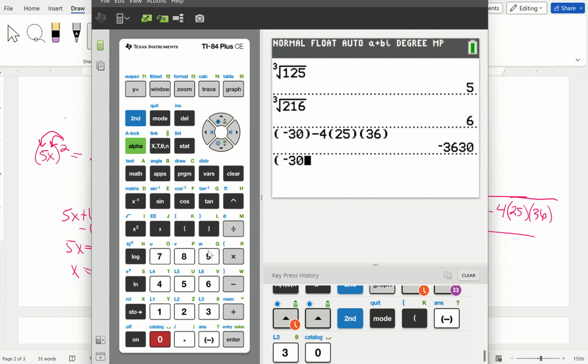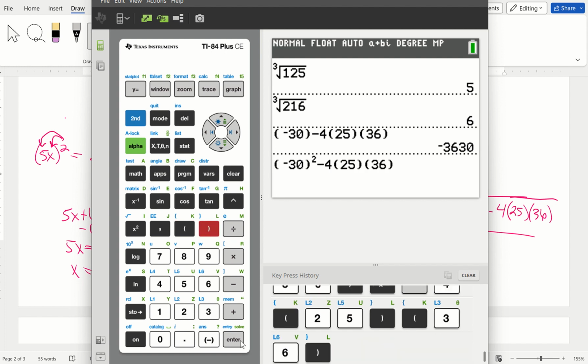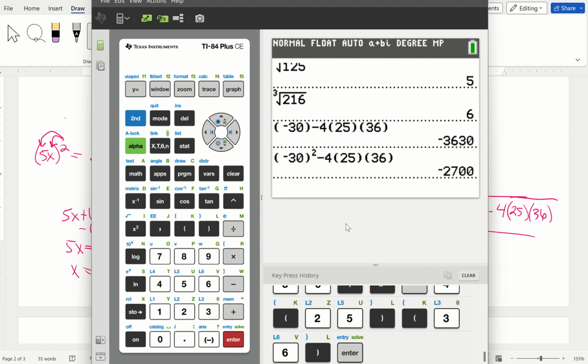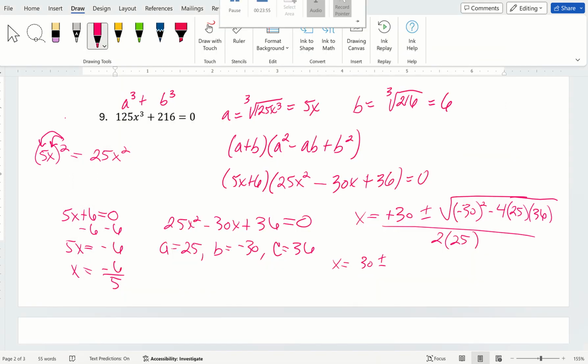It's negative 30 squared minus 4ac. And I get negative 2700. So it's 30 plus or minus the square root of negative 2700 all over 50.